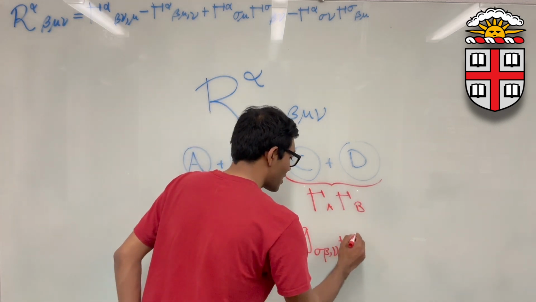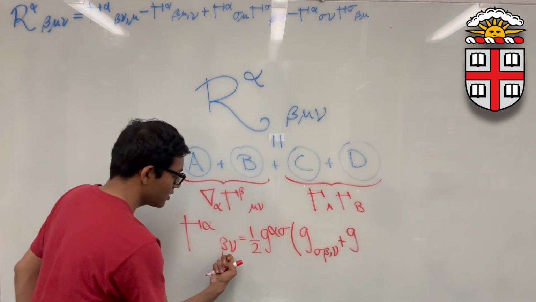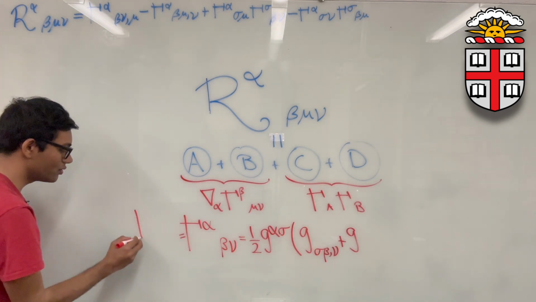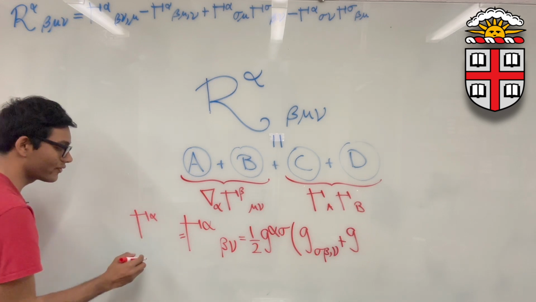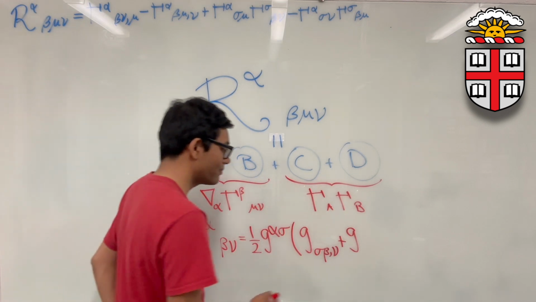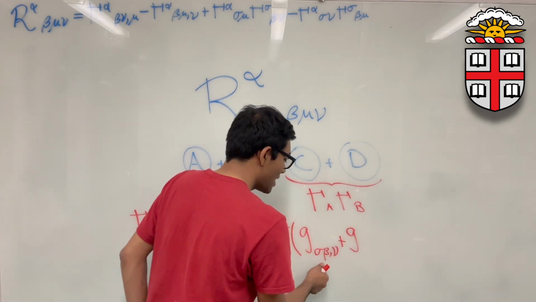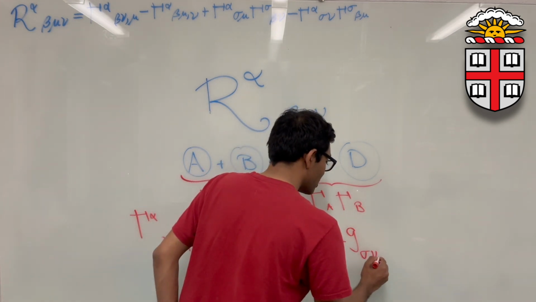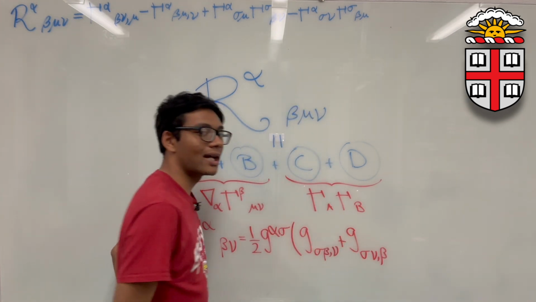Because the Christoffel symbol is symmetric under the lower 2 indices, this Christoffel of alpha beta nu is also equal to Christoffel of alpha nu beta. That means if I switch these two indices, I must retain the same Christoffel symbol, and so I add that with a plus sign.